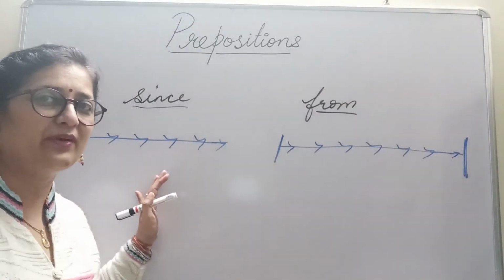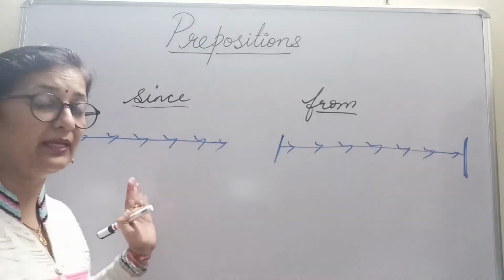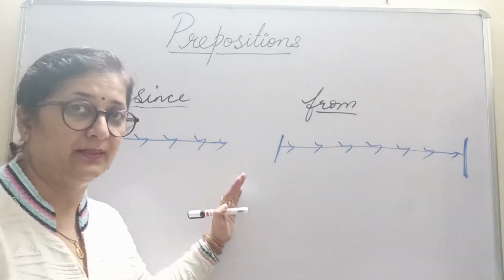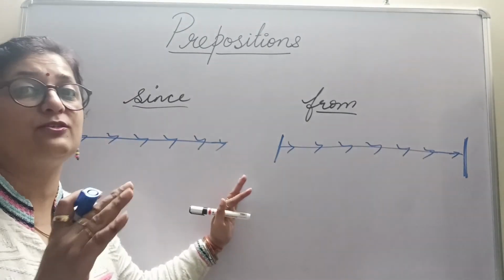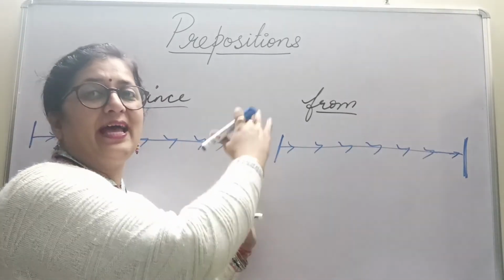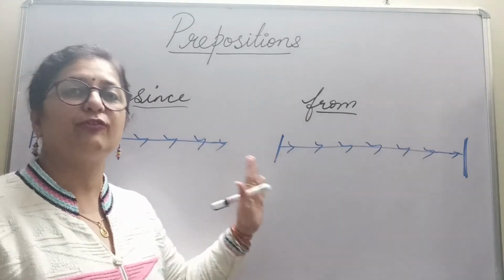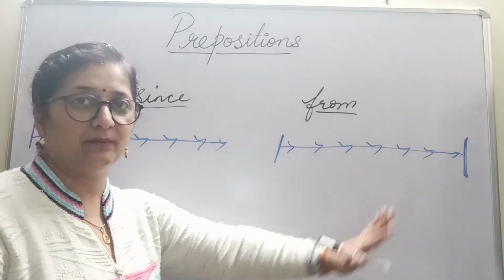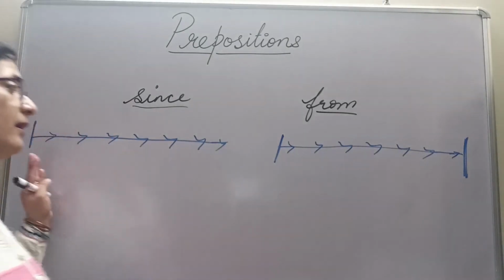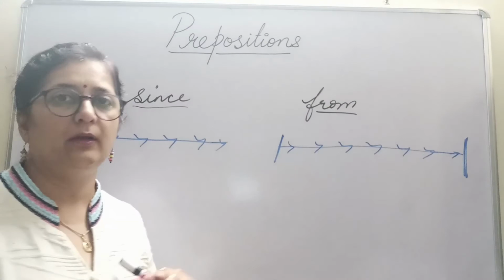Well, the difference between since and from is that since has a beginning. It does not have an end. Whereas you generally tend to use to with from. The train started from here and reached there. Or the train was moving from Delhi to Kanpur. Here, since yesterday, I have been planning for prepositions.